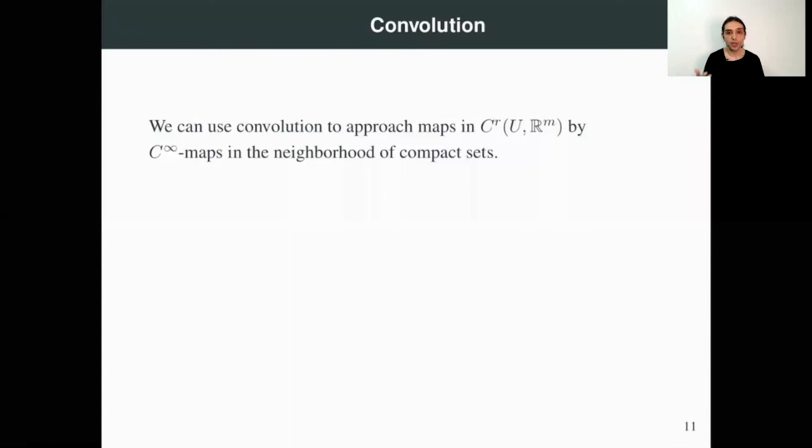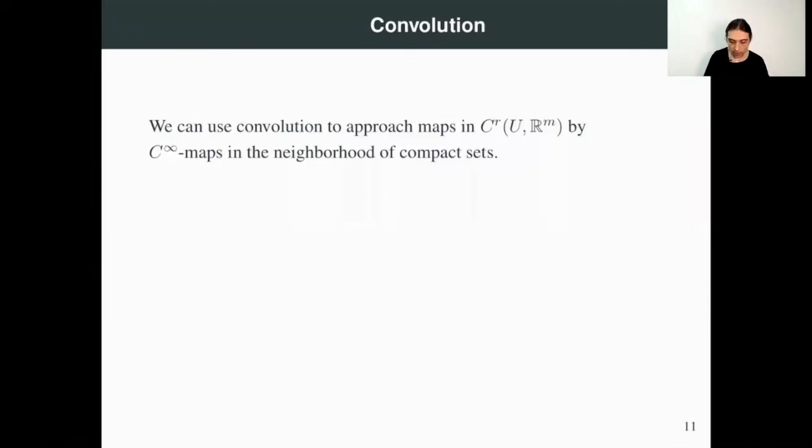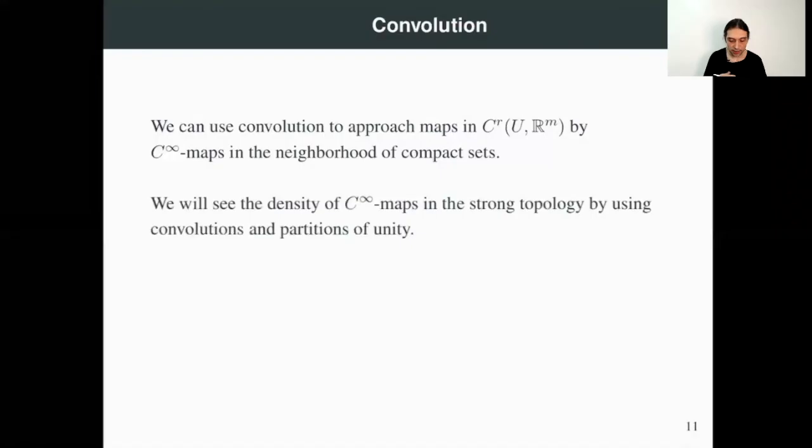We can use convolution to approximate maps between open subsets of Euclidean spaces with C-infinity maps defined in some open subsets of U. They're not very far away from being the whole U. And these C-infinity maps approximate well the derivatives of the initial map up to order R in the neighborhood of compact sets, right?